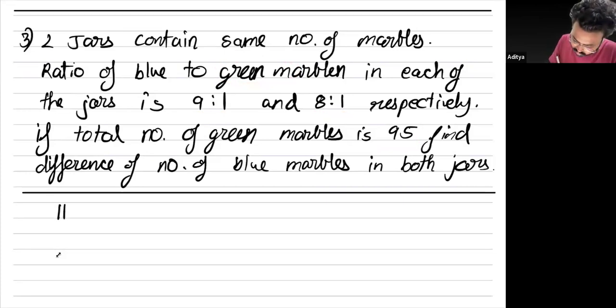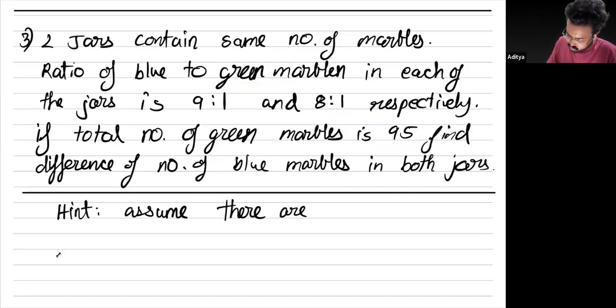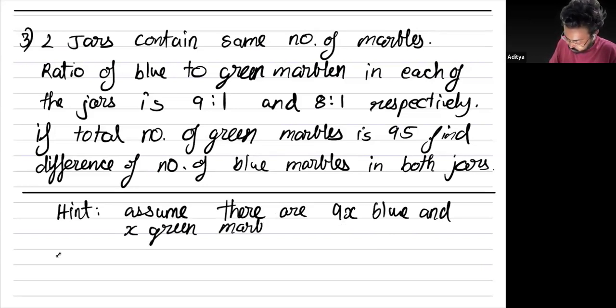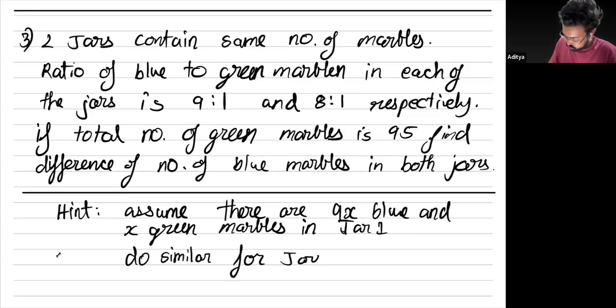At this point I think I should give a hint. Assume there are 9x blue and x green marbles in jar 1. Do similar for jar 2.